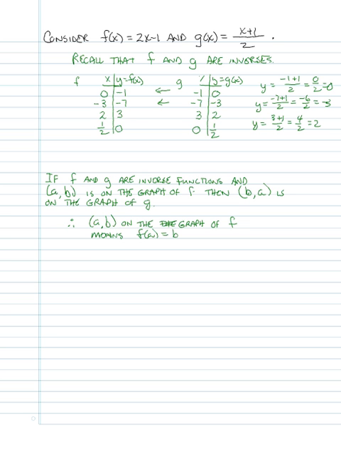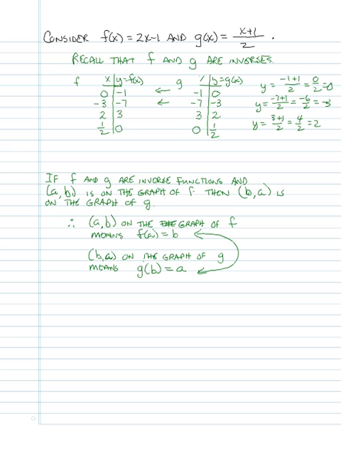And b comma a on the graph of g means that if we use b as our x value that we put into g, then the y value that we're going to get, that is g of b, is going to have to be a. And so we look at this relationship right here, and that's an important relationship between the two functions.